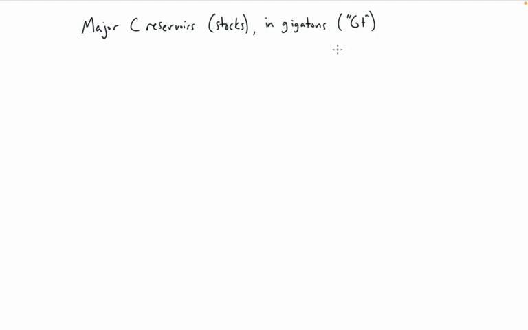And a gigaton sounds pretty abstract, but if you can imagine a 1 by 1 by 1 kilometer cube of coal, that's about 1 gigaton.